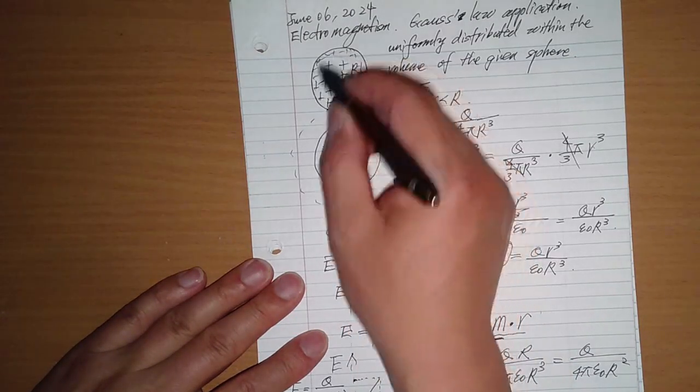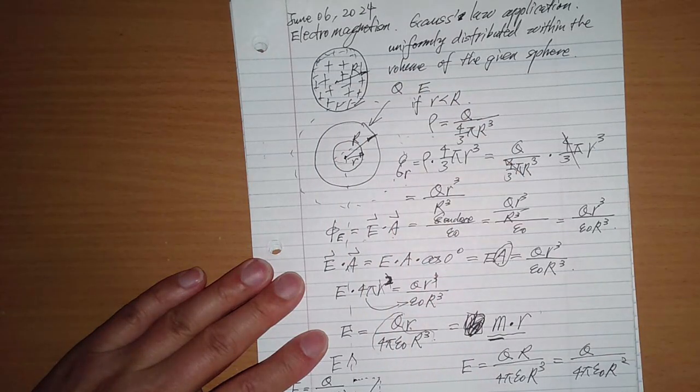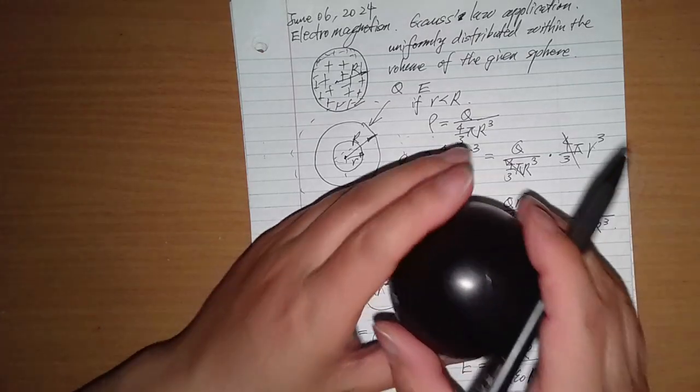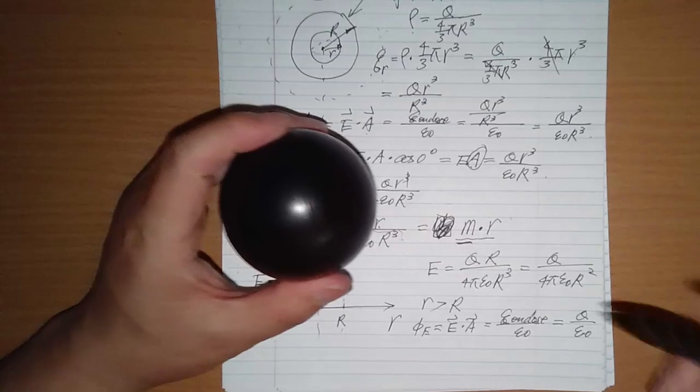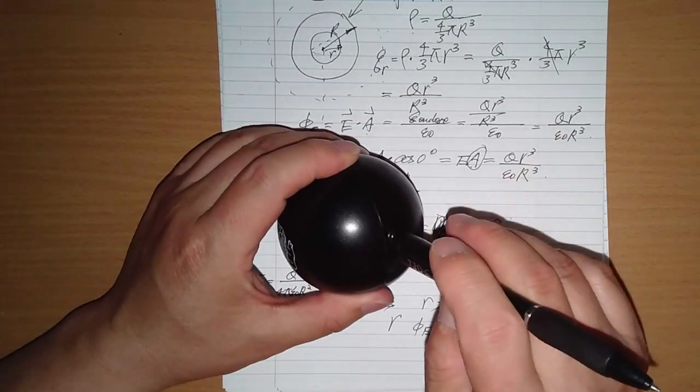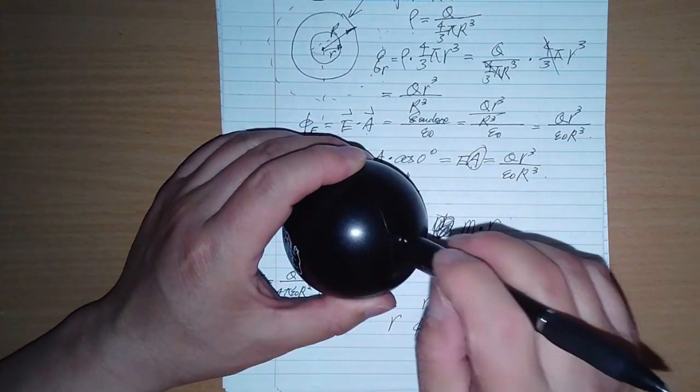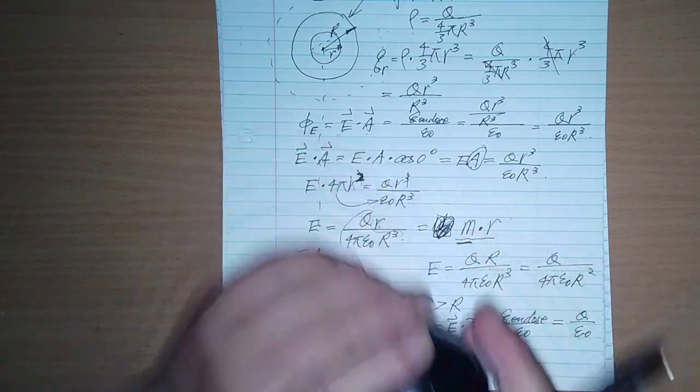Equal to the total charge right here, which is Q. And then again, as we discussed before, the surface direction and the electric field are in the same direction.